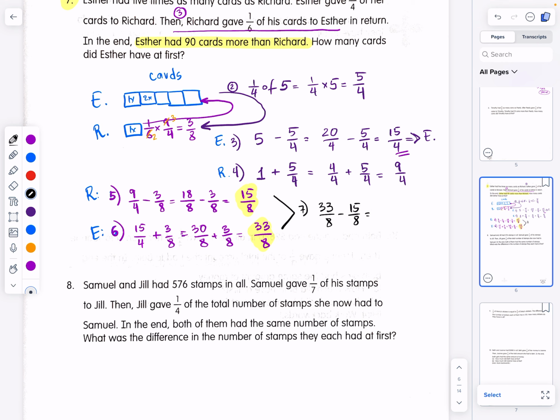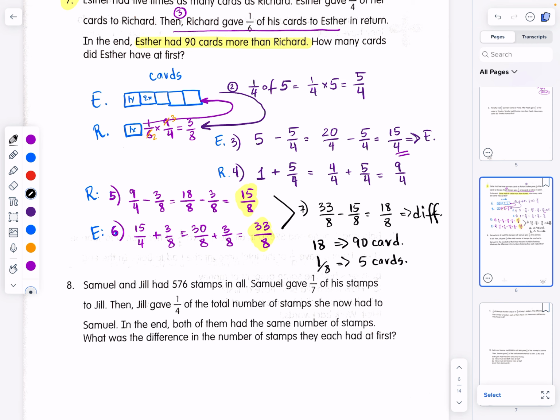And that is, my friends, 33 minus 15 is how many units apart? That's 18 units, right? 18/8. That's the difference. And 18 of these units is the same as 90 cards, which means 1 unit, or 1/8, is 5 cards.